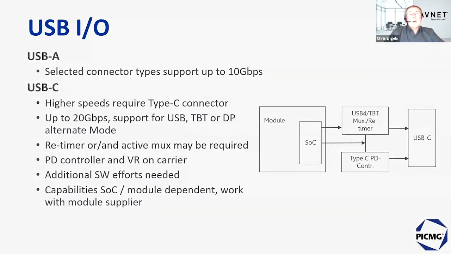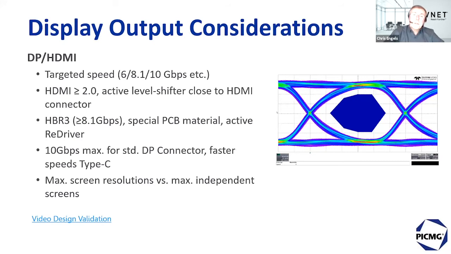Another area for high-speed signaling is definitely the graphics interfaces. So if you have chosen the COM-HPC client interface, you might have display outputs, and there the speeds can also go up to 10 gig per second. Same here, you need to select the right components and connectors.